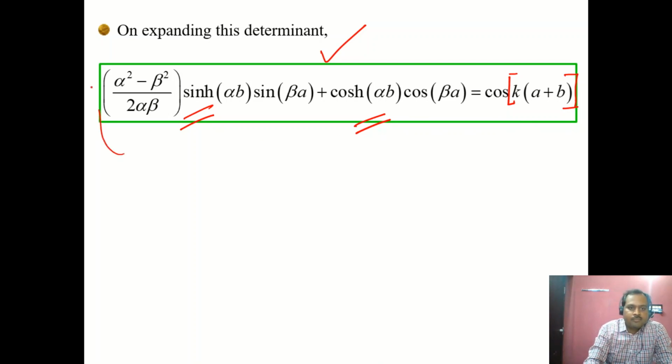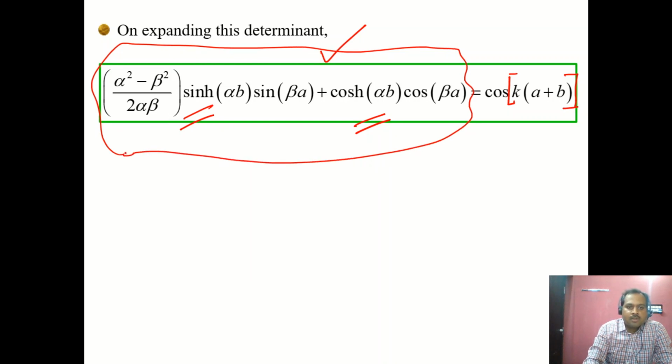That means you can plot a graph for this left hand side, and this left hand side can only exist between plus minus 1. So the boundary of the left hand side is limited by the right hand side of this equation. That means only for those values of the function which lie between plus 1 and minus 1 will the equation be physically valid. For all other values it is not allowed.